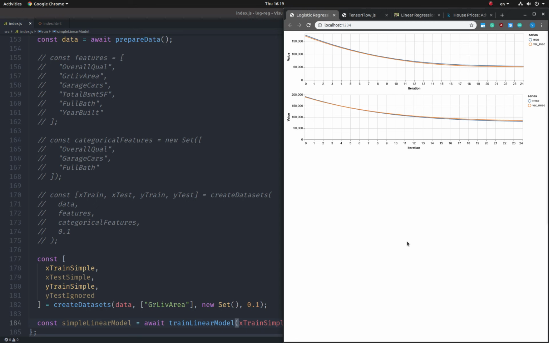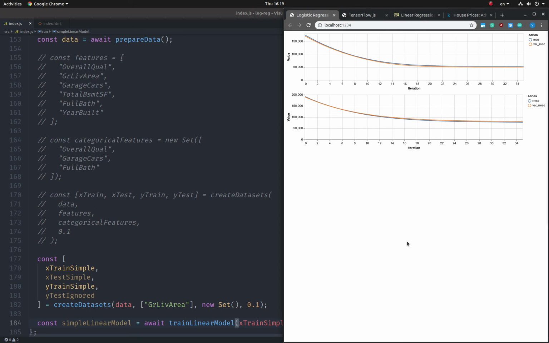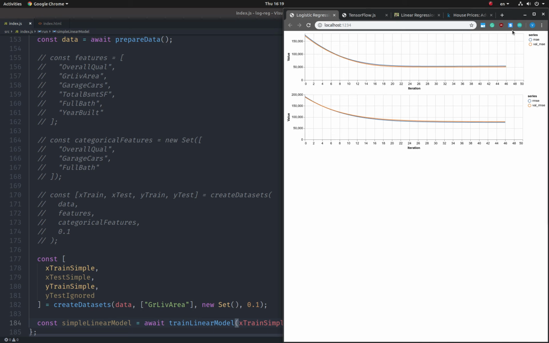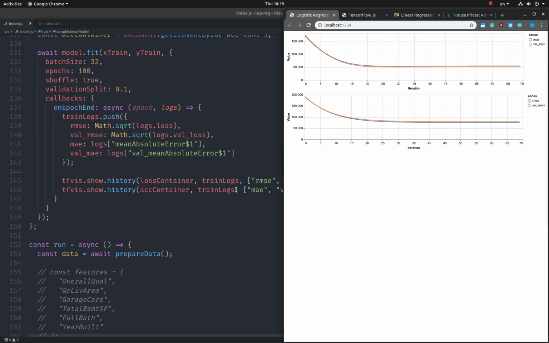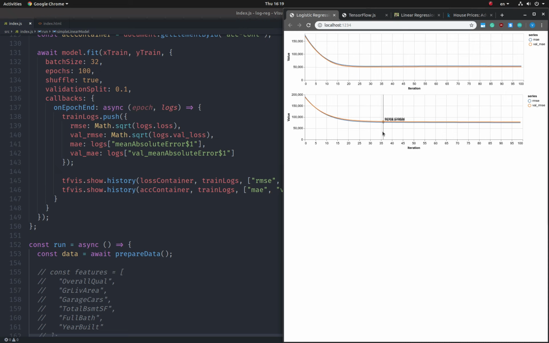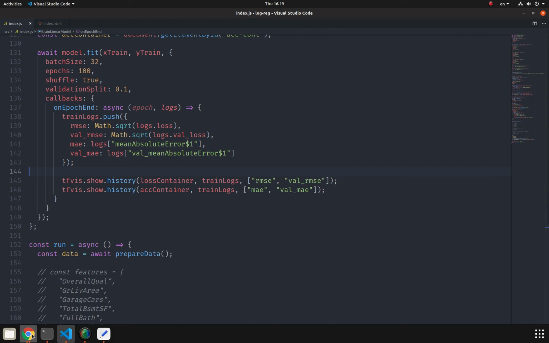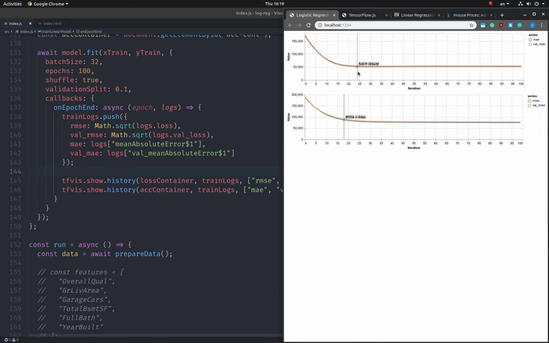As you can see, the model accuracy, the root mean squared error, is decreasing up until something like the 30th epoch or something like that, and it stays in here, and the mean absolute error is stable at right about 50k. Okay, so this is the simple linear model.